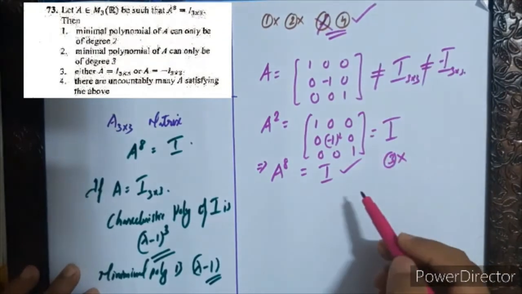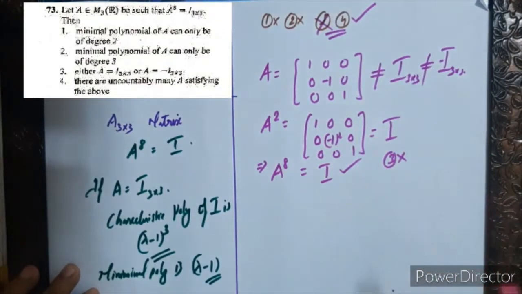Now how to get that there are uncountably many A satisfying this condition?